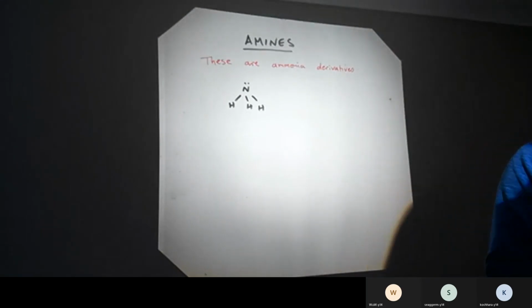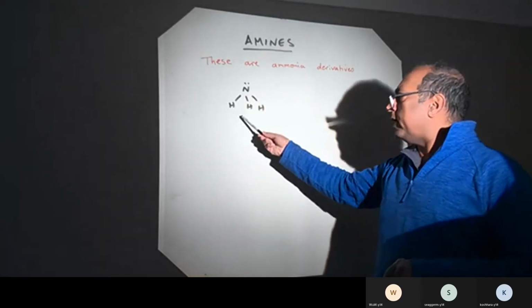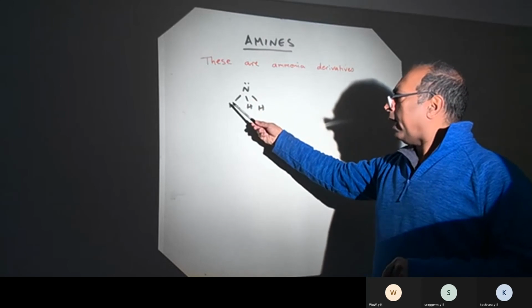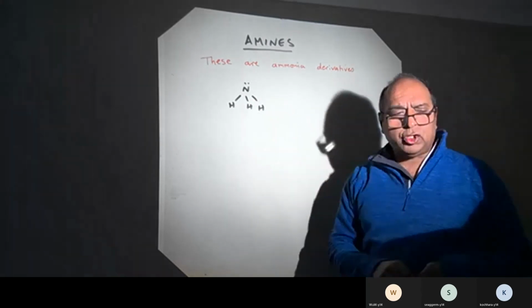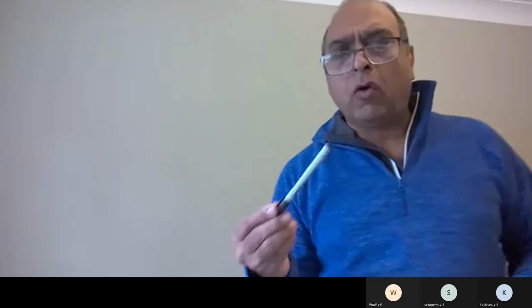Amines are ammonia derivatives. So this is ammonia, and ammonia you should be familiar with. You can see that ammonia has a lone pair of electrons.